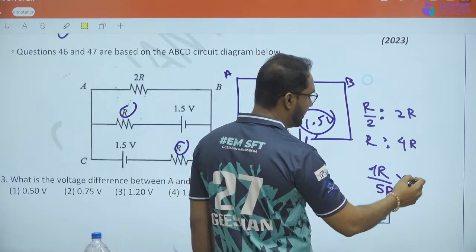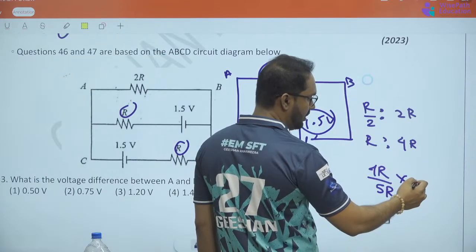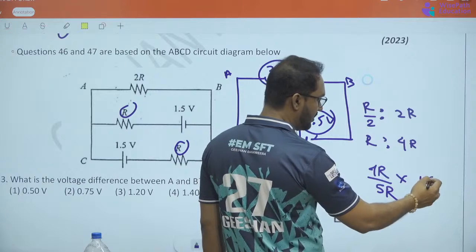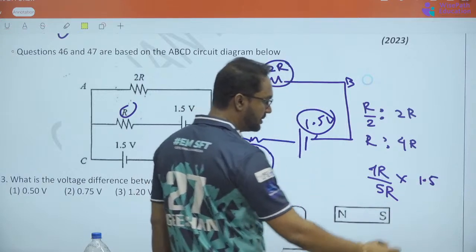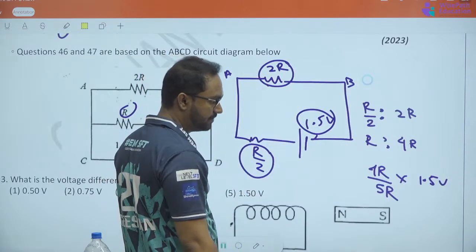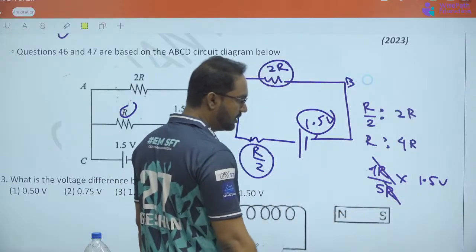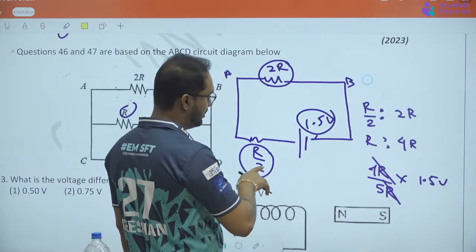So you multiply this by the total voltage, which is 1.5 volts. So you get the fraction of voltage to this resistor, right? So R to R cancels out. You got it correct, right?